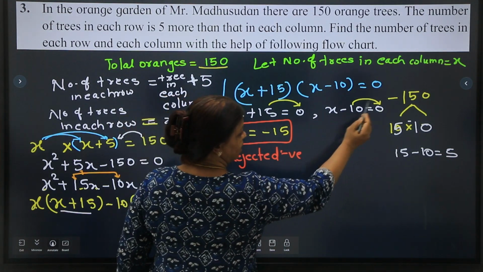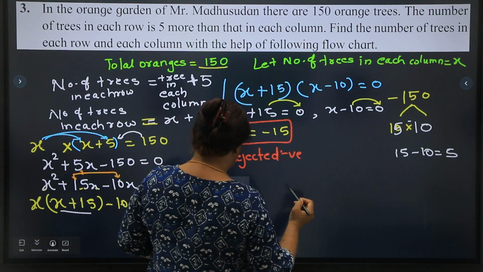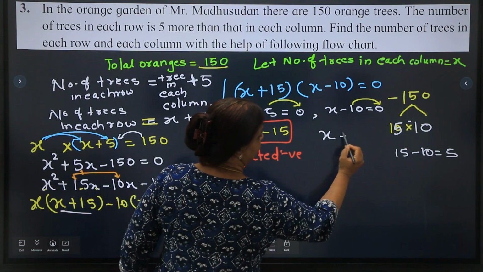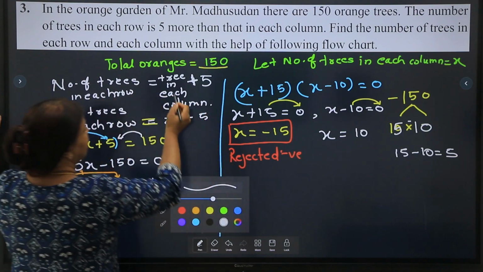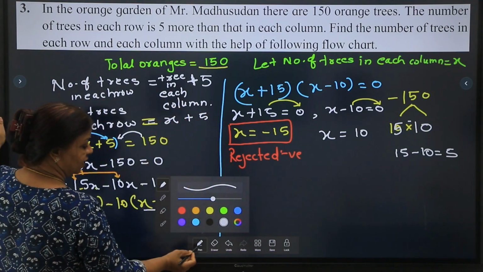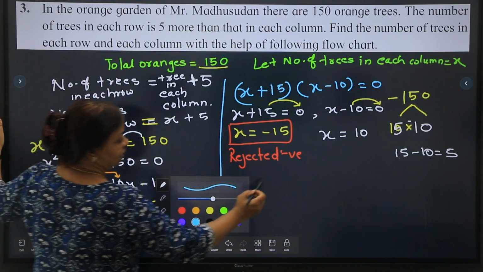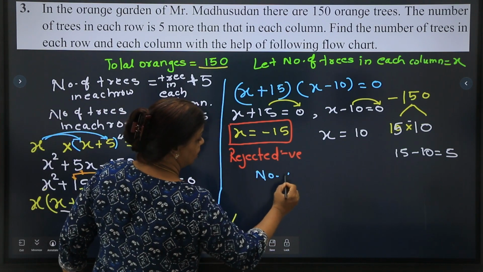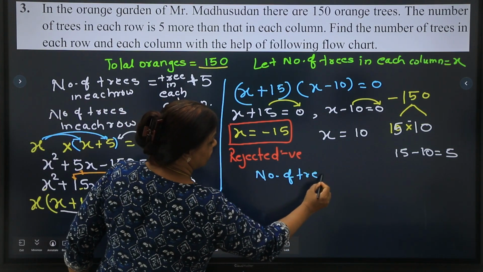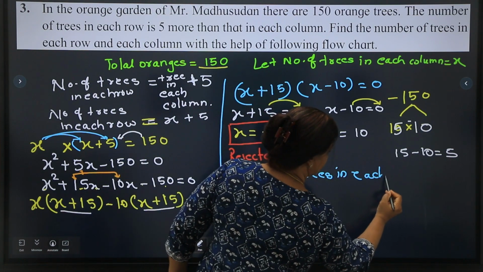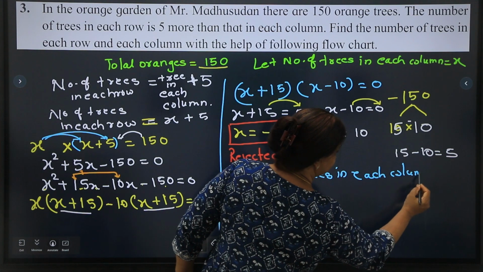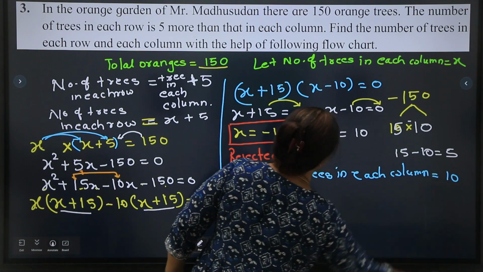And x minus 10 will go there, and therefore, it will be x is equal to plus 10. So, number of trees, x what we have assumed? Number of trees in each column. Therefore, number of trees in each column is 10.